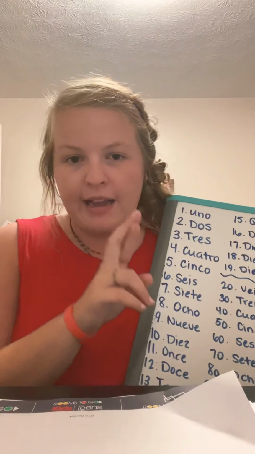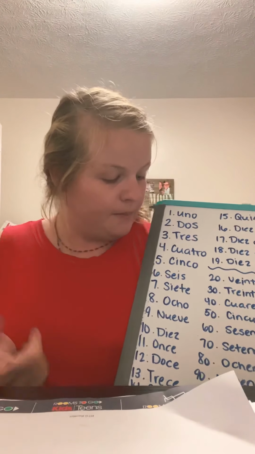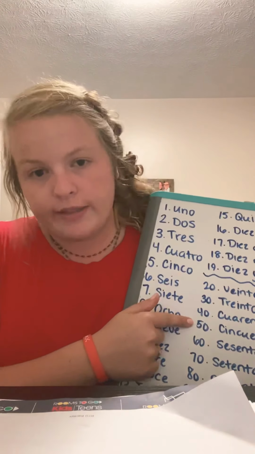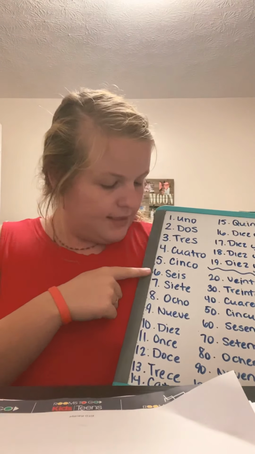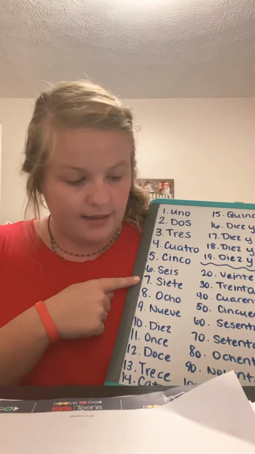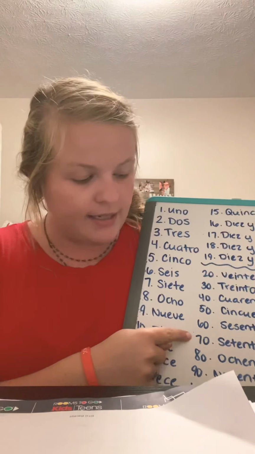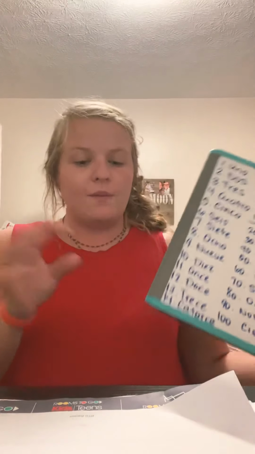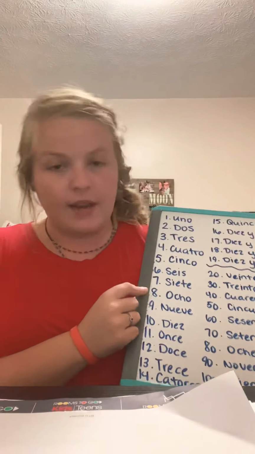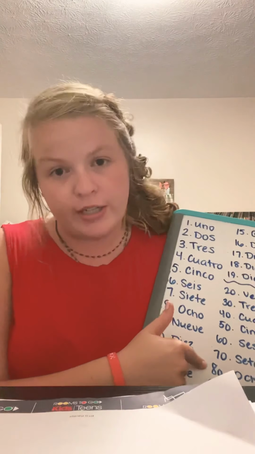So you see how they kind of have a similar sound and they're kind of spelled similar. 5 is cinco. 50 is cincuenta. 6 is seis. 60 is sesenta. 7 is siete. 70 is setenta. So they all, and then another example, 8 is ocho. 80 is ochenta. So they all kind of have the same base. So that might help you remember them a little bit.